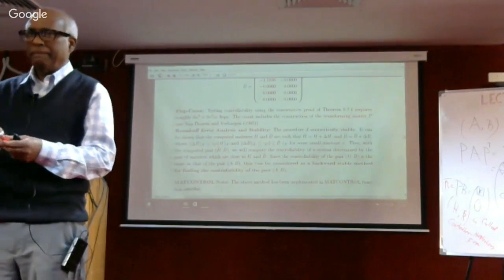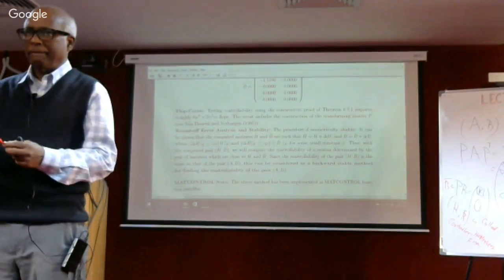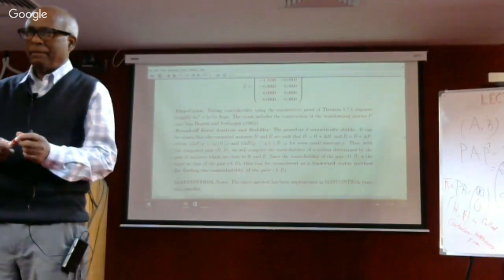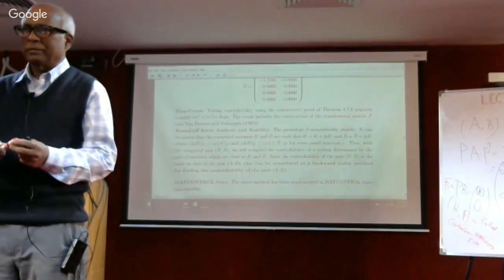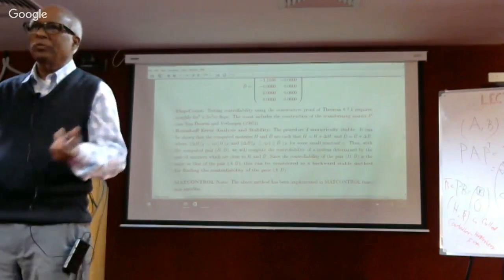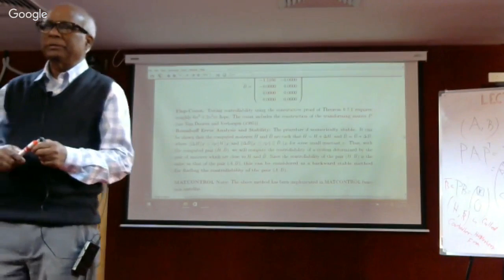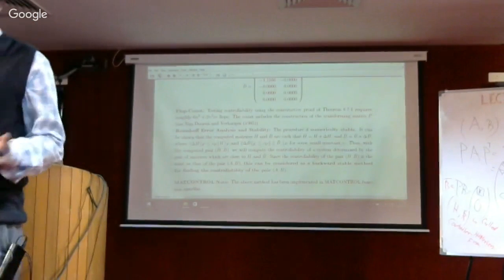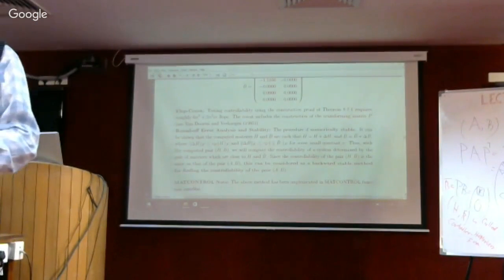In the block Hessenberg form, all the diagonal blocks are square matrices, but the sub-diagonal blocks can be square or not square. In this case, they are square.